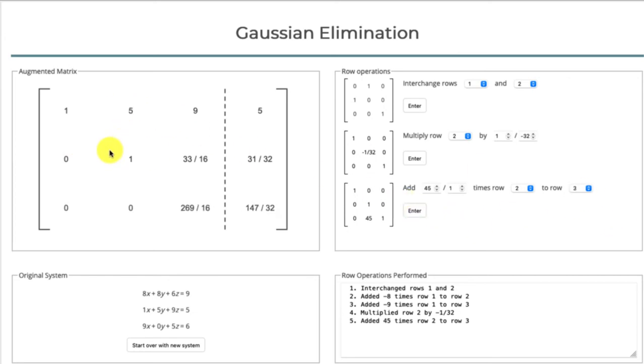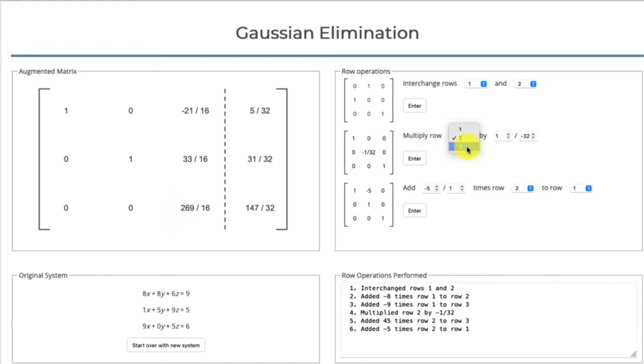All right, I got to multiply by -5 and add it up to row 1. -5, row 2, but add it up to row 1. -5 times row 2, add up. Now I need a 1 here. So it looks like I need the reciprocal of this, right? So 16 over 269.